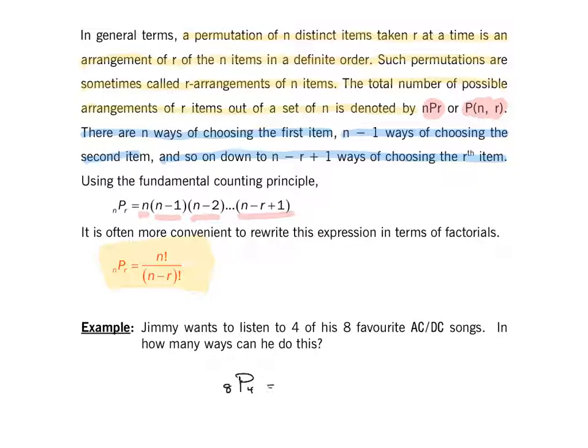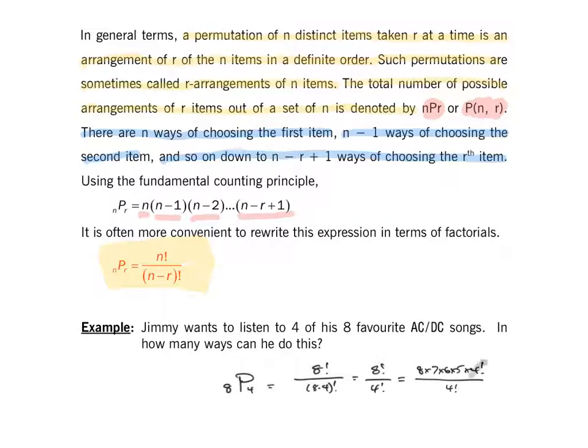So that's 8 factorial over 8 minus 4 factorial. So it's 8 factorial over 4 factorial. Now remember what we said about the factorials. 8 times 7 times 6 times 5 times 4 factorial over 4 factorial.